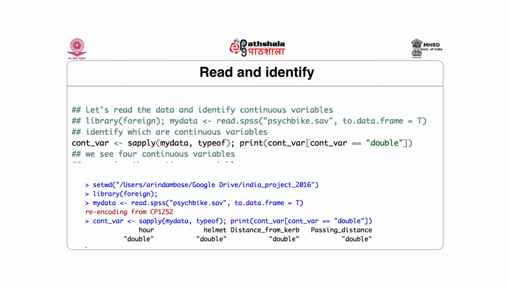Then we're going to read the data set, and now what we have done is we have created a vector. That vector is called cont_var, or continuous variables, and this is going to call a function called sapply, which is going to apply another function, typeof, to the data frame, which is my data, which actually contained the data set there.